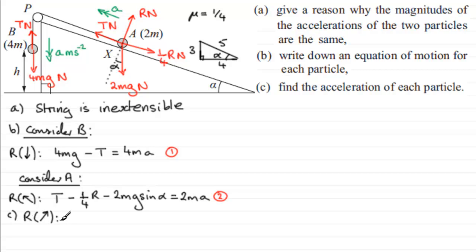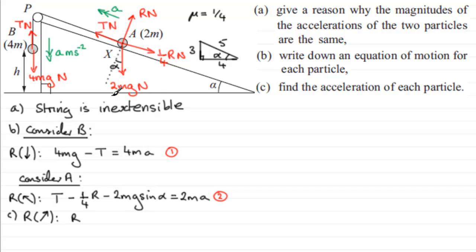If I do that, all of R acts away from the plane, so we've got R. And as for T and the friction, these two forces are perpendicular to this direction that we're resolving in. So I don't need to use T or the frictional force down the plane.